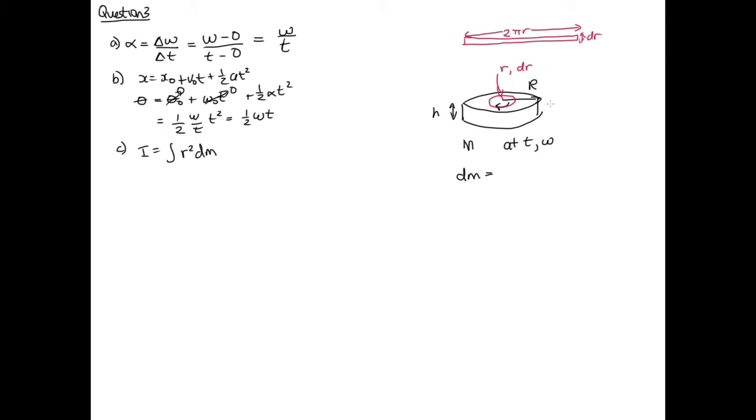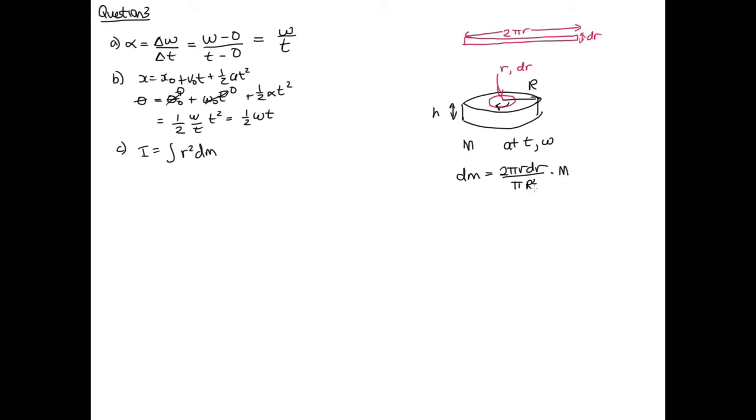The total area of this surface is equal to pi capital R squared, and then we just times that by the mass. So dm is going to be 2 pi r dr over pi R squared, that's the total surface area, times m, the total mass.